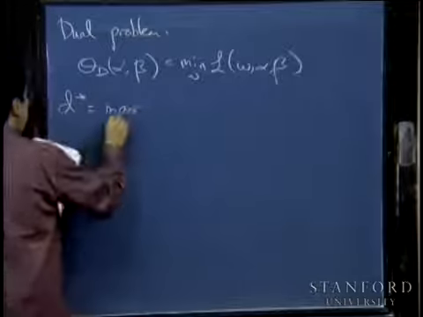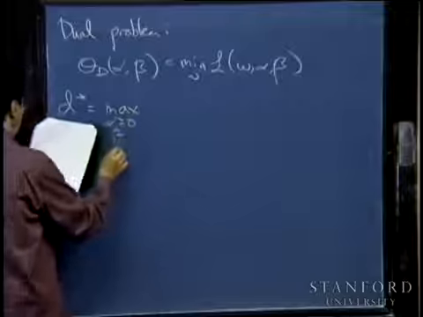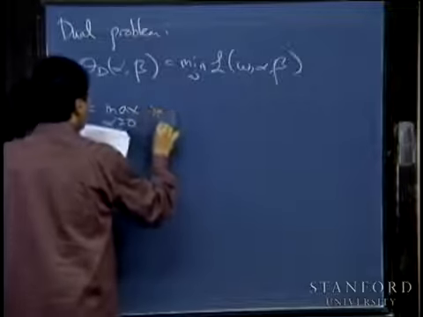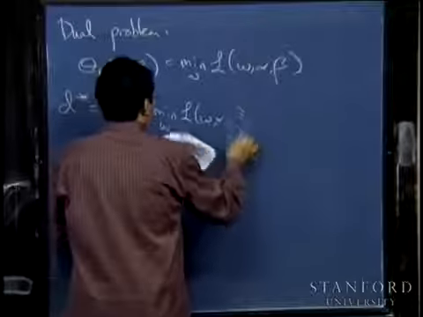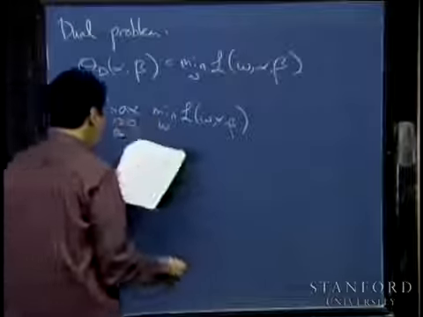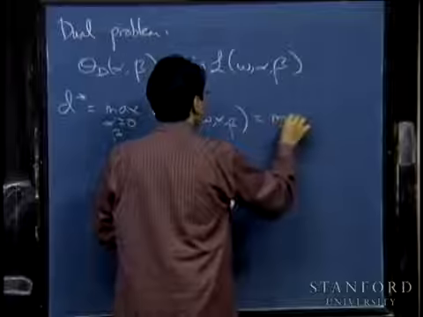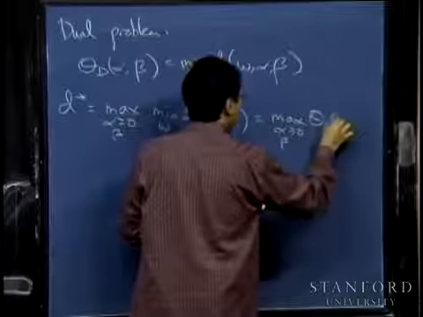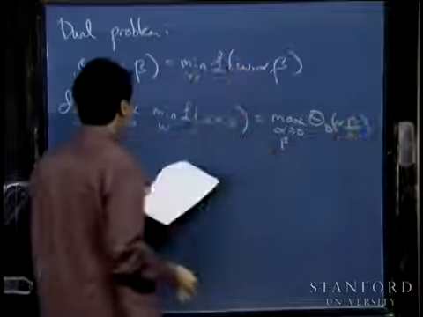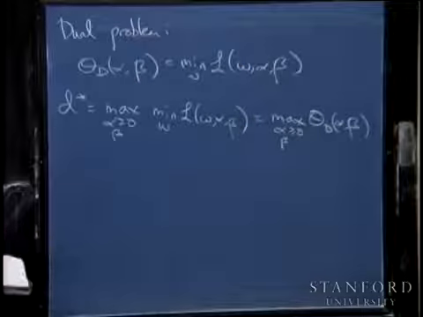My dual problem is this, or in other words, the max over alpha and beta of that.